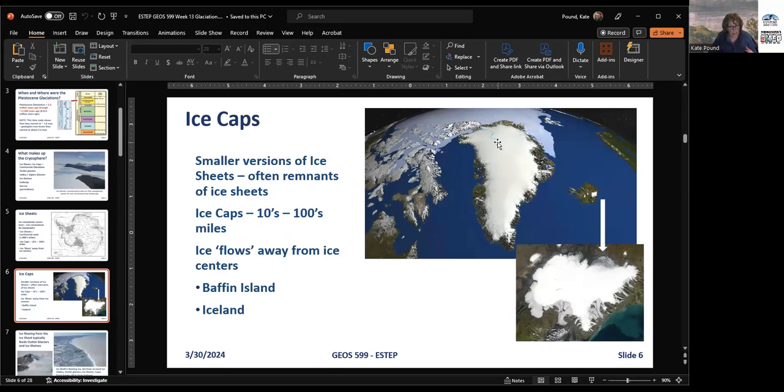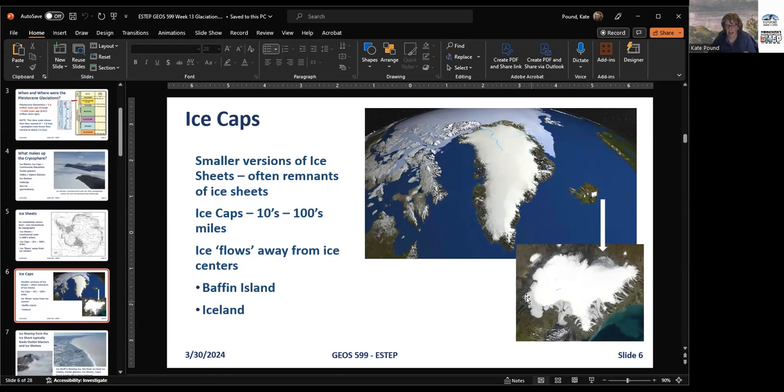And just like in Antarctica, there are ice centers or a main ice center, and the ice flows away from that ice collection center. Once we get to Iceland, which is right here, there's a small ice cap in Iceland.